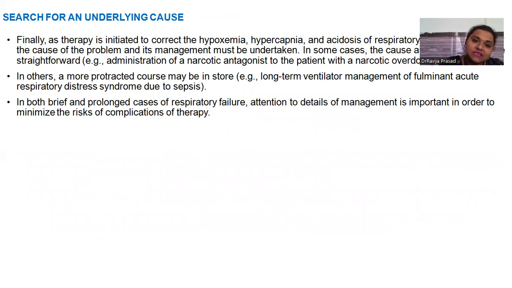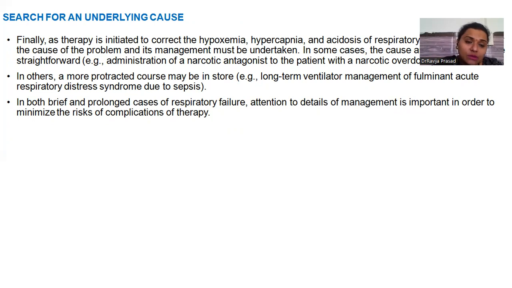Finally, as therapy is initiated to correct the hypoxemia, hypercapnia, and acidosis of respiratory failure, the cause of the problem and its management must be undertaken. In some cases, the causes are straightforward, such as administration of a narcotic antagonist to the patient with a narcotic overdose.